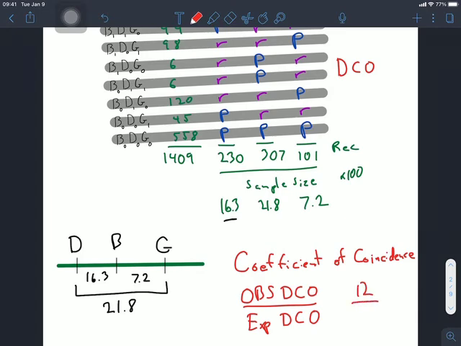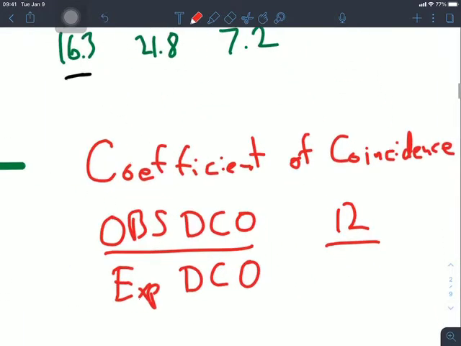And then our expected number of double recombinants is going to be our distances between the loci multiplied by the sample size.